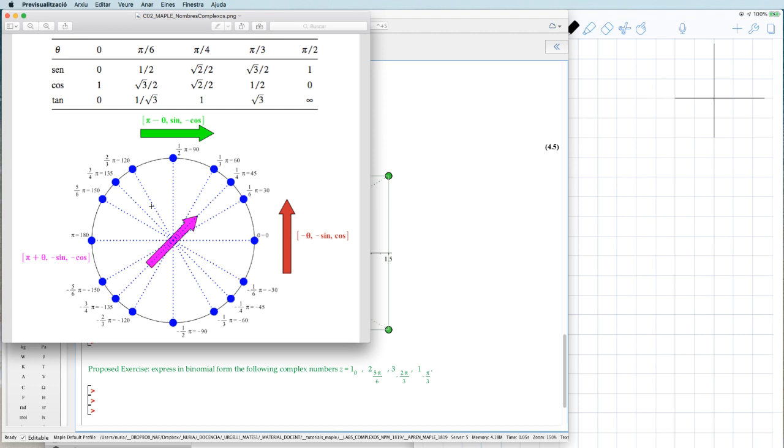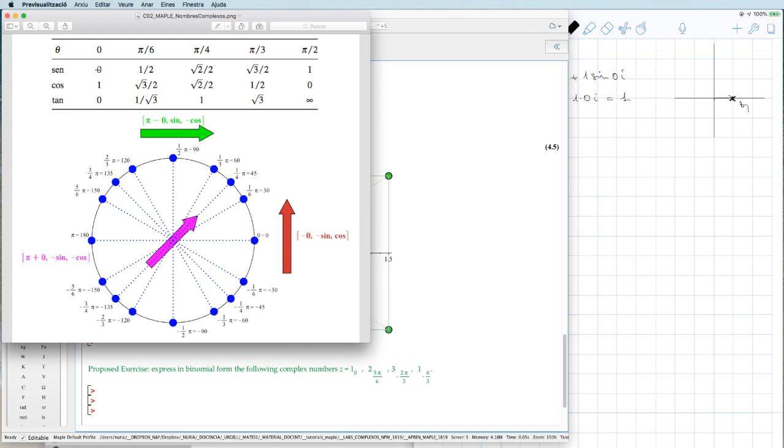So distance 1, angle 0. If we want to use the formula, we can do 1 cosine of 0 plus 1 sine of 0 i. We go to the table, cosine of 0 is 1, sine is 0, so we have 1 times 1, 1 times 0 i, so this is 1.